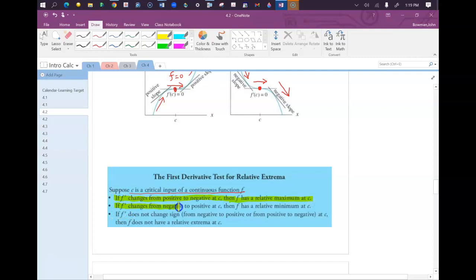If f prime changes from negative to positive, then f has a relative minimum at that value. If f prime does not change sign from negative to positive or from positive to negative at c, then f does not have a relative extreme at c. So first derivative test, just some common sense rules to remember about using derivatives to find max and mins.